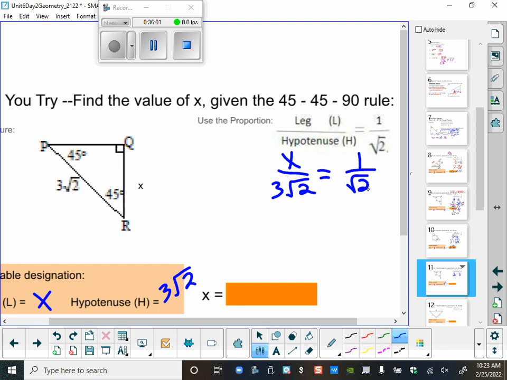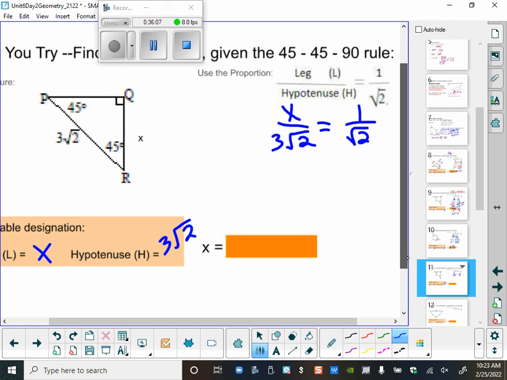Now, as usual, what do we need to do? Cross multiply. So, what's 1 times 3 square root of 2? It's just going to be 3 square root of 2.